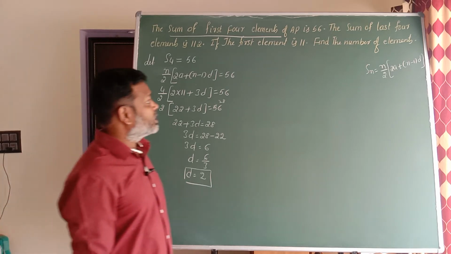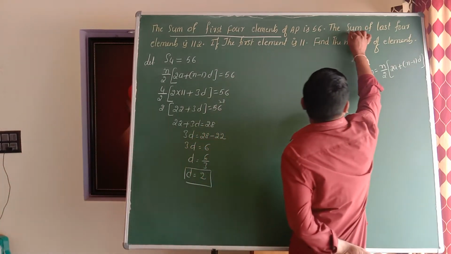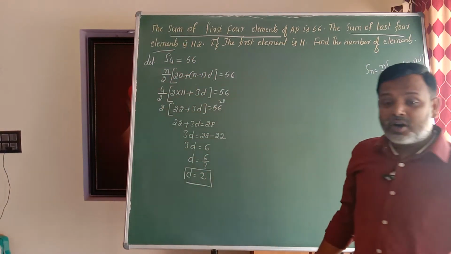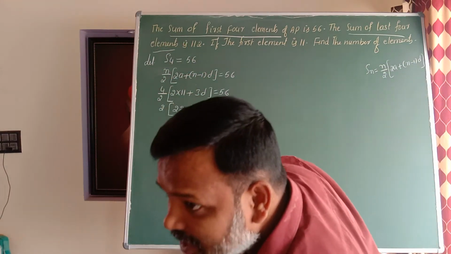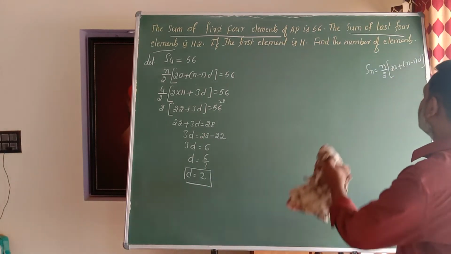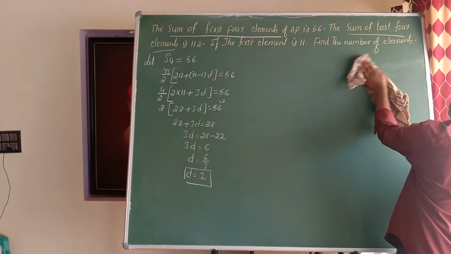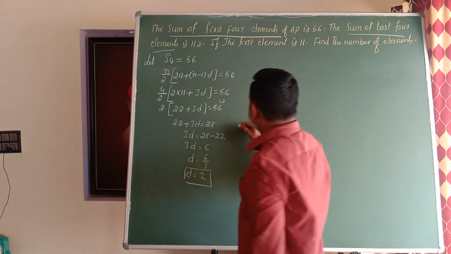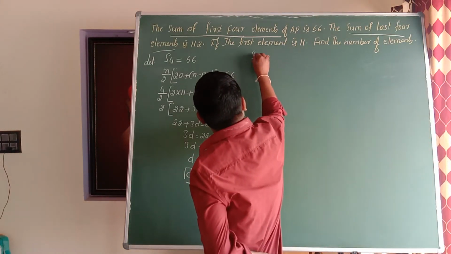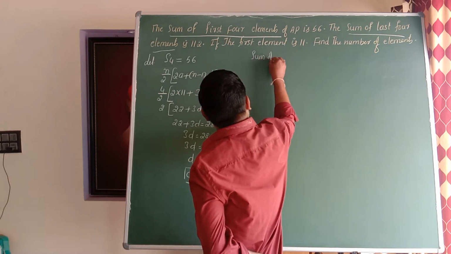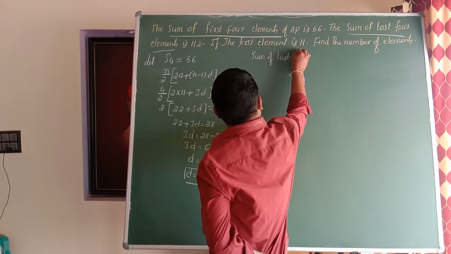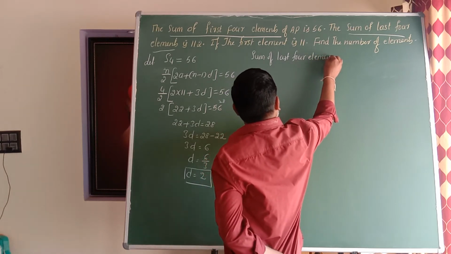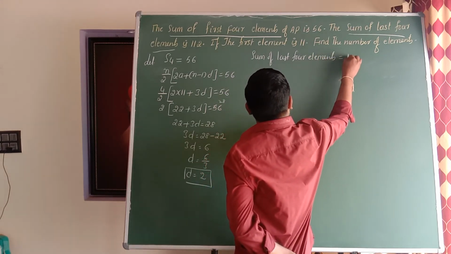Now what is the next question? Sum of the last four elements. What is the last element? As you know, the last element is a plus n minus 1 into d. So we have to consider the previous four terms. Therefore I can write here sum of last four elements is equal to 112.